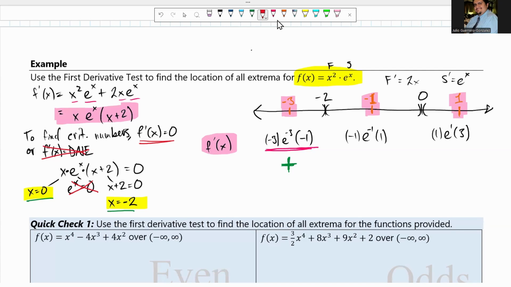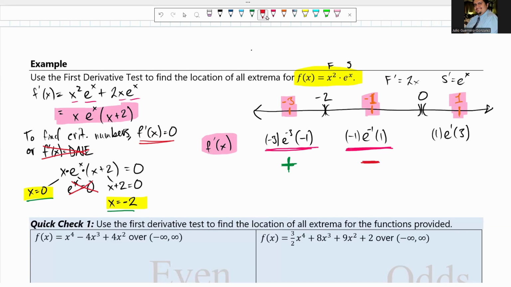For the next value, I have a -1 times 1. That is still going to be negative, and e to the -1 is still positive. So I have a negative times a positive times a positive. This is going to be negative.